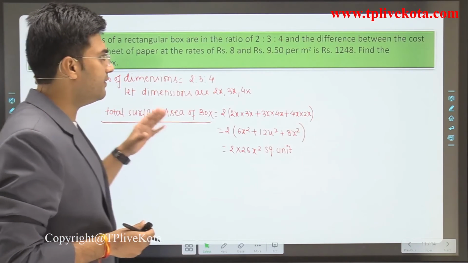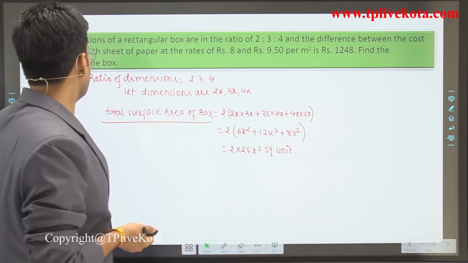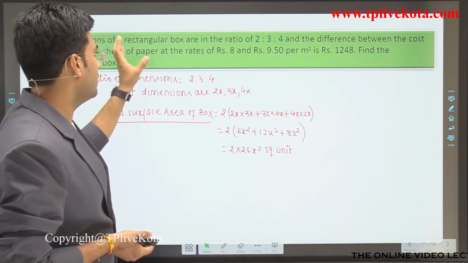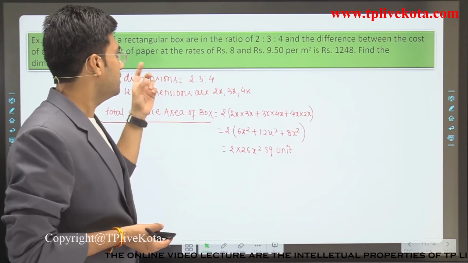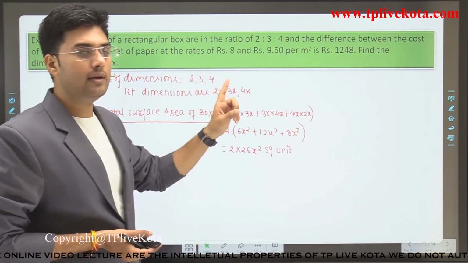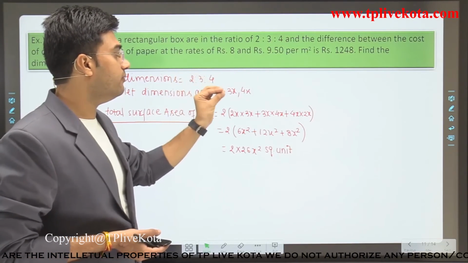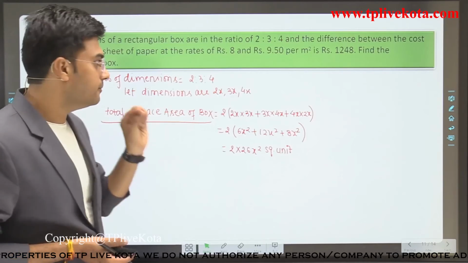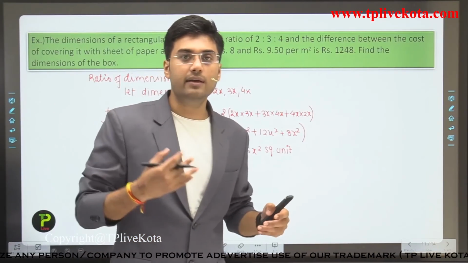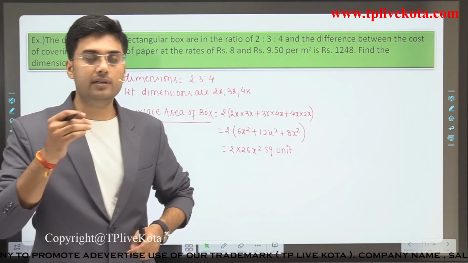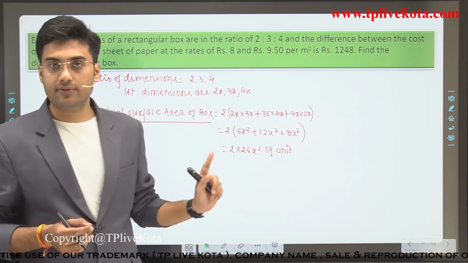And students, it is given that the cost of covering it with a sheet of paper, and we have two types of sheet of paper here. One is rupees 8 per meter square and the second is 9.5 per meter square. So how do we find the total cost of covering it? We have to multiply the per meter square cost by the total surface area.